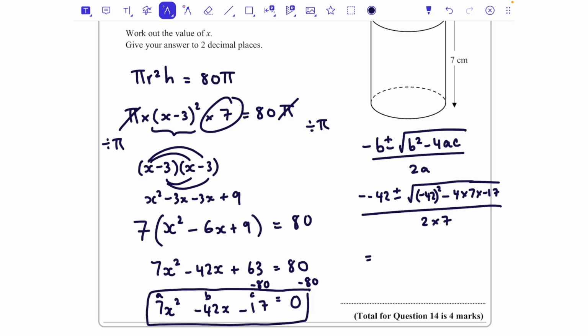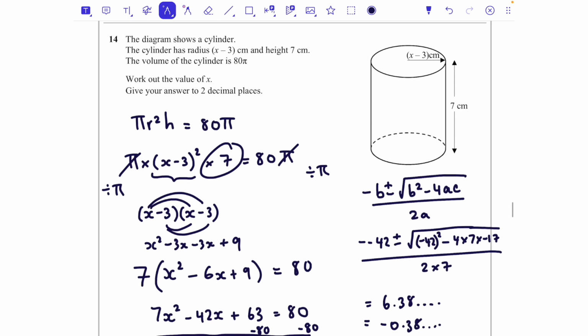Typing that in your calculator, the first time you type it in, you're going to use the plus, and the second time you type it in, you're going to use the negative. So using the plus, I get 6.38 and so on, and using the subtract, I get minus 0.38, so on.